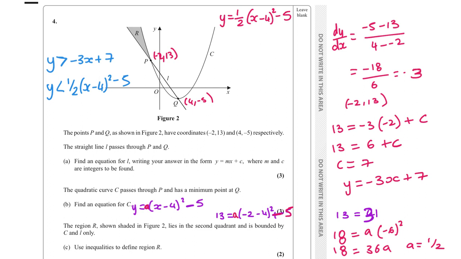And what we notice as well is that if we were more than that line, we'd be over here as well. It would shade this region too. And if we were less than the curve, we'd also be here as well.